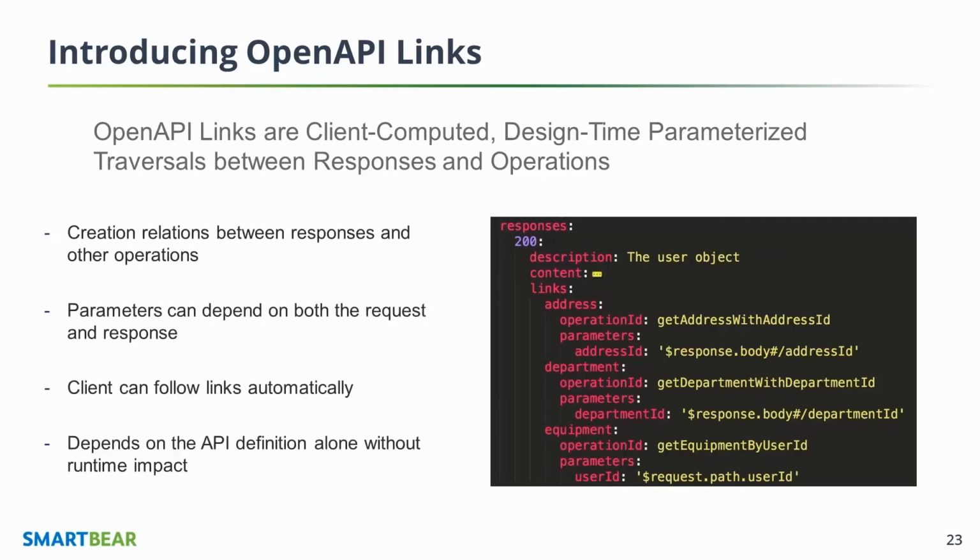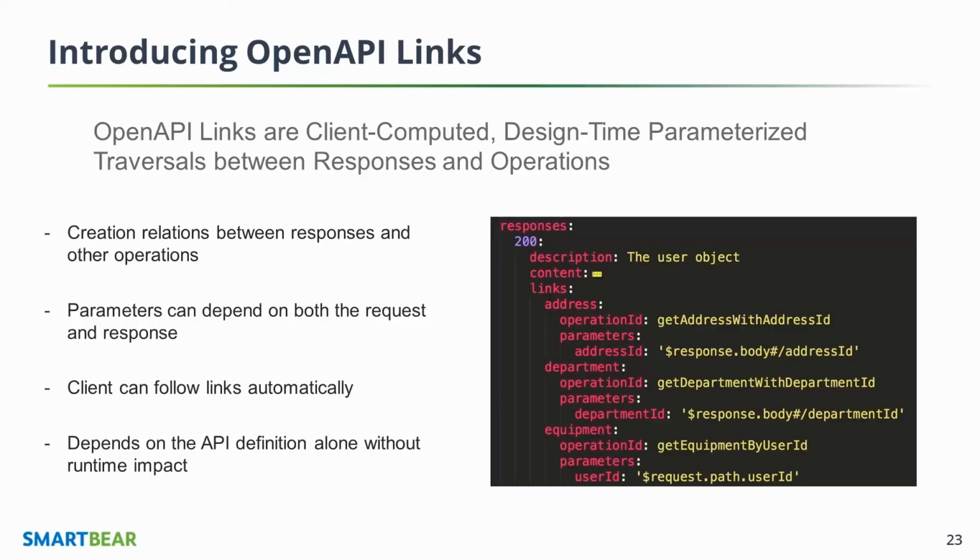Now, a lot of people, when they hear something like that, think, oh, this is hypermedia. No, this is not hypermedia, because hypermedia is done at runtime. You get the information as part of the response itself, and hypermedia in that sense can be very dynamic, so that the links that you get can change for every single request.